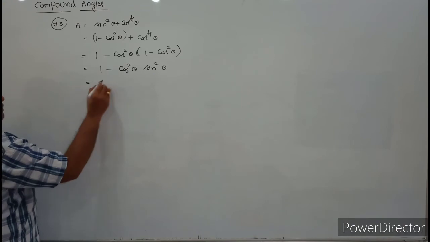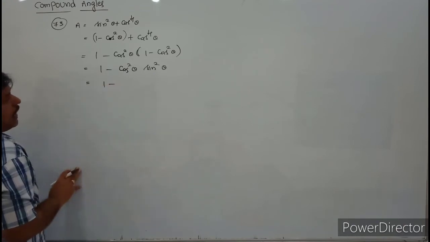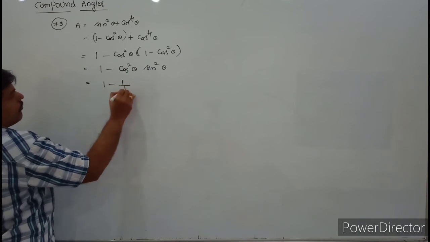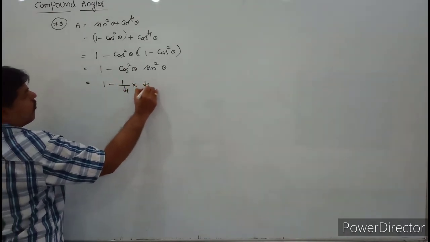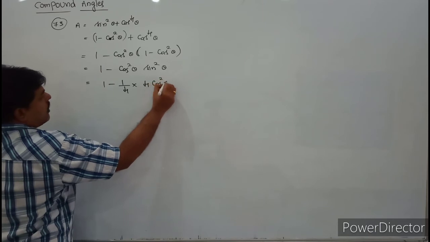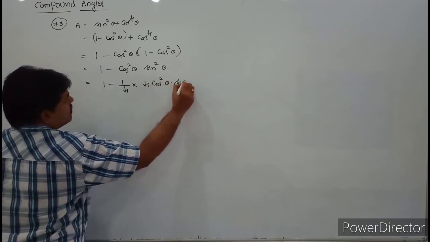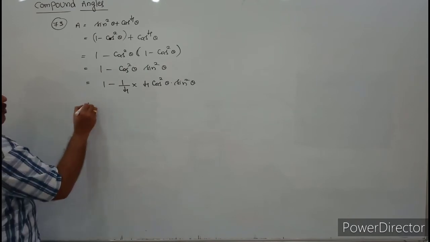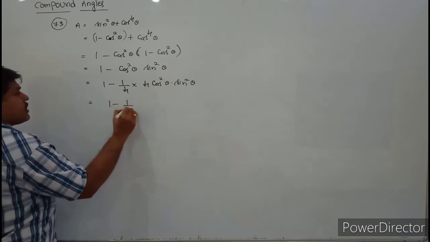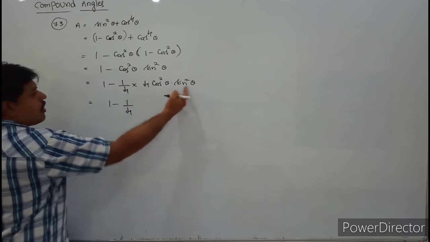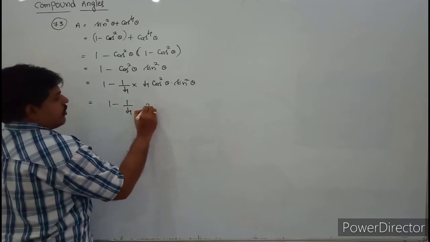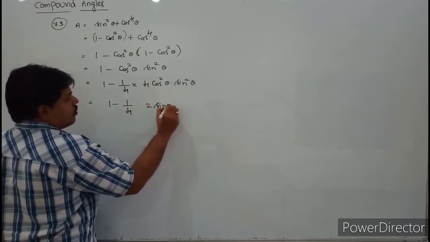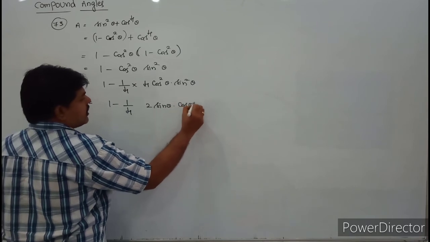See here, I am multiplying and dividing with 4. So what happens? 1 by 4 into 4 cos square theta into sin square theta. So why am I multiplying and dividing with 4? See here, 4 cos square theta sin square theta you can write as 2 sin theta into cos theta whole square.